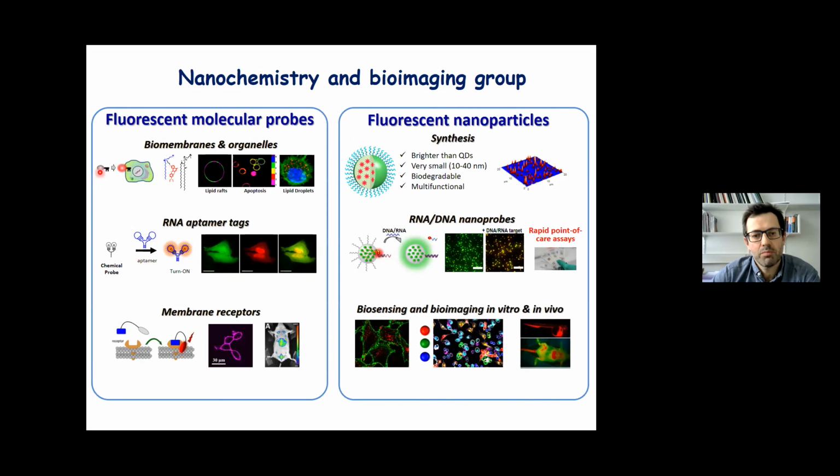One is on biomembranes, and this is what I will be talking about today. But I would like to say that we're also working hard on development of probes for nucleic acids, for RNA imaging based on aptamers, and on membrane receptors, so on targeting specific proteins on the surface of the plasma membrane, and going from cellular to animal level.